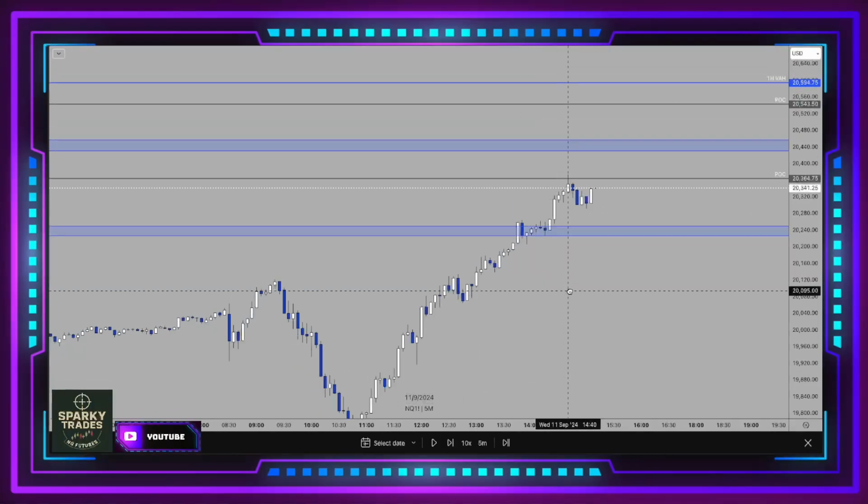So, we broke through. I would have took this trade right here, and I would have been stopped out. But then on this retest, and this hold, closed, never closed back outside the level. I'm back in that trade with my stop right here. Very small stop, and we're riding it to the point of control.